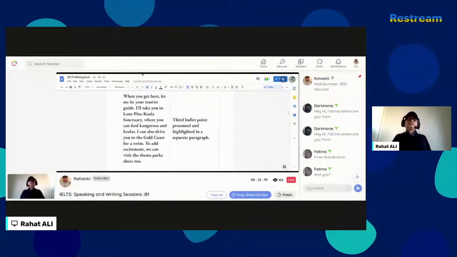So let's read it again. Let me be your tourist guide. I'll take you to the Lone Pine Koala Sanctuary where you can feed kangaroos and koalas. I can also drive you to the Gold Coast for a swim to add excitement. We can visit the theme parks there too.